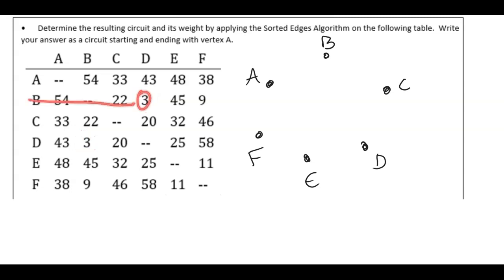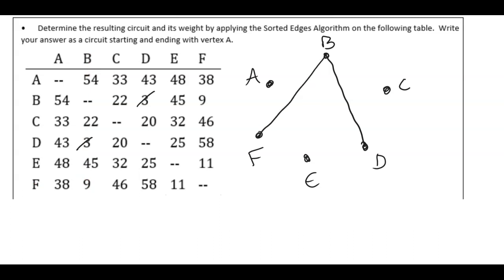So this is B to D. We're going to start by adding B to D into our circuit. Let's cross that off so we don't go back to it. Okay, what's the next cheapest on the list? Well, it's this 9. So 9 is the next cheapest. Let's make sure we have F to B on our itinerary.